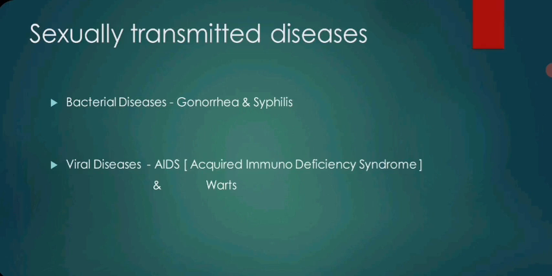Examples of bacterial diseases are gonorrhea and syphilis. In viral diseases, you can see AIDS and warts. AIDS is acquired immunodeficiency syndrome, and you know that this is an incurable disease. Sexually transmitted diseases are called STDs in short.